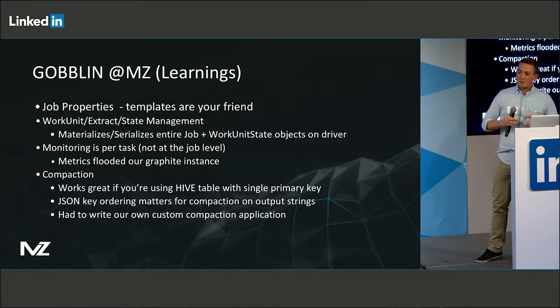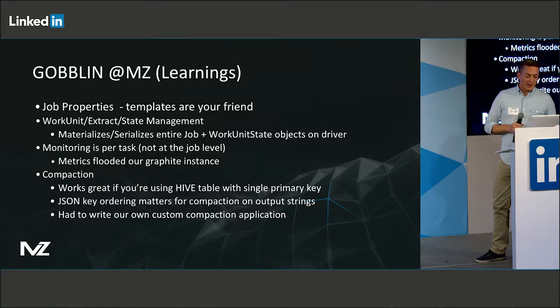And we had one job that kept blowing out the memory. That was a big problem for us, so we had to figure out some different ways to chunk it out. We enabled metrics and monitoring in Goblin, but it was just way too much noise, not really anything useful for us, so we had to disable that.